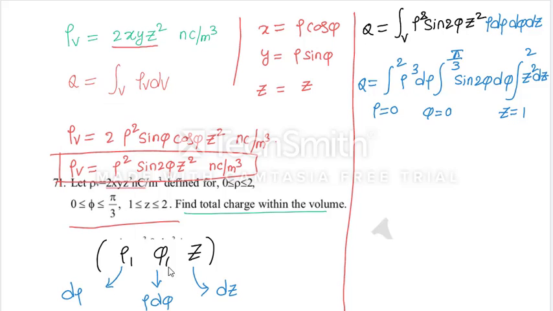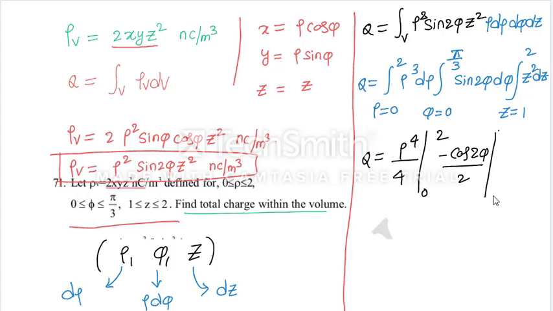Now simplify: Q is equal to rho power 4 by 4, limits 0 to 2, and the integration of sin 2 phi is minus cos 2 phi by 2, limits 0 to pi by 3, and z cube by 3, limits 1 to 2.